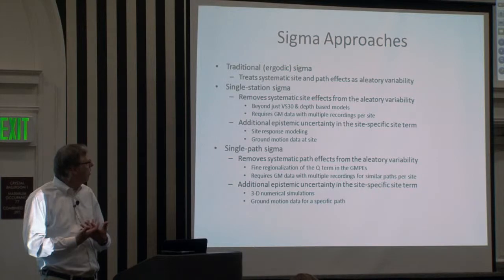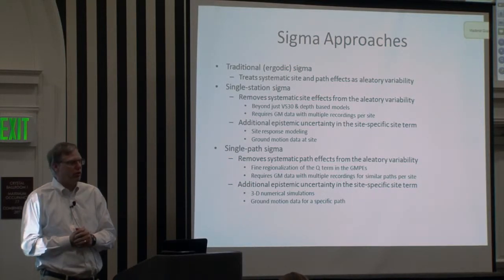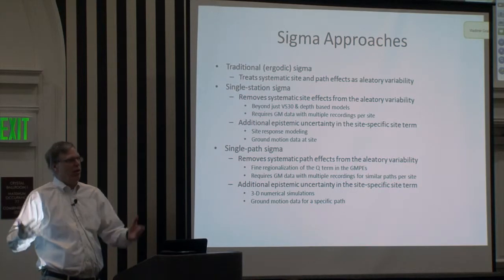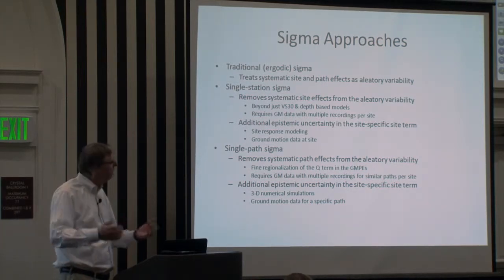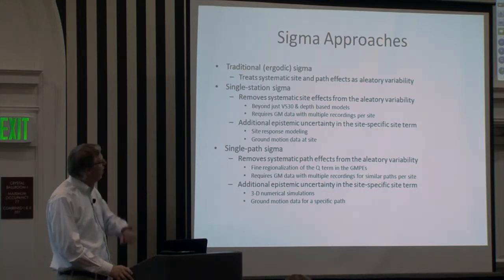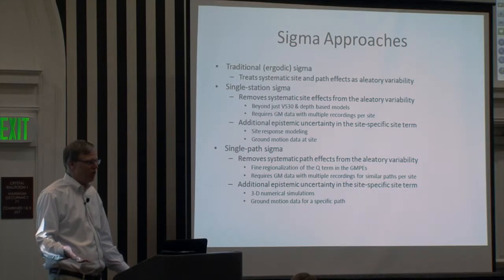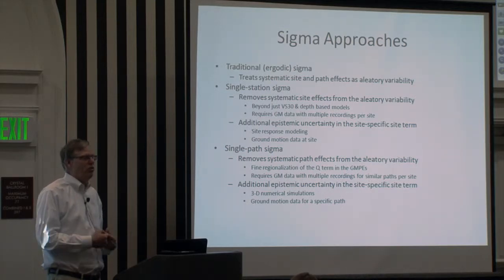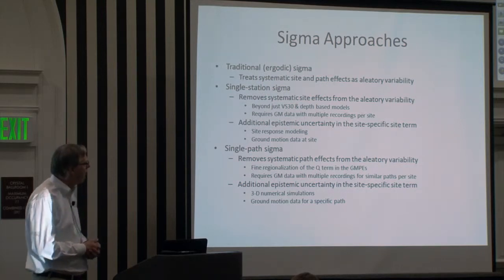It's something that's knowable. As we start to get our new data sets, we now have ground motion data with multiple recordings at a site. So if I have 10 or 20 recordings at my site, or 2 or 3 in some cases, whatever it's going to be, I can start to look at the average value of that residual for the site and determine what is the actual site response, what is the repeatable part of the site response.